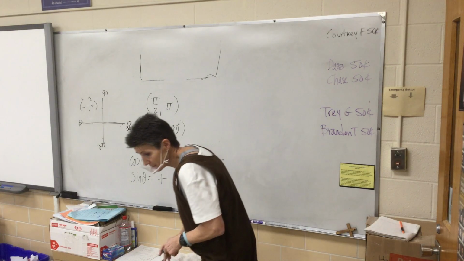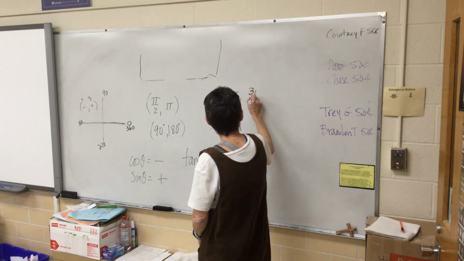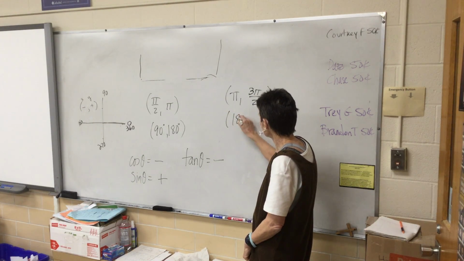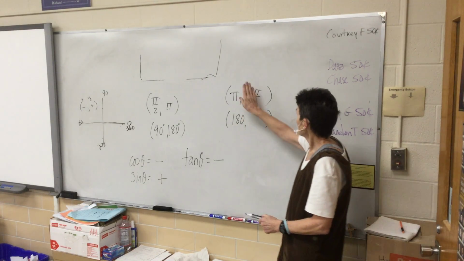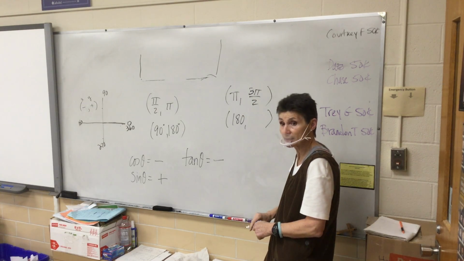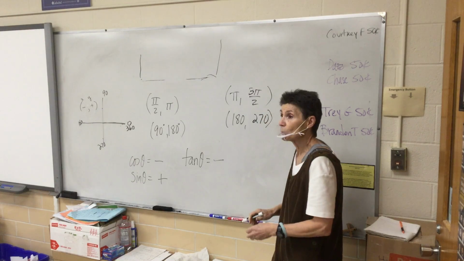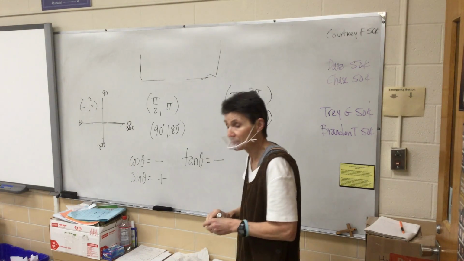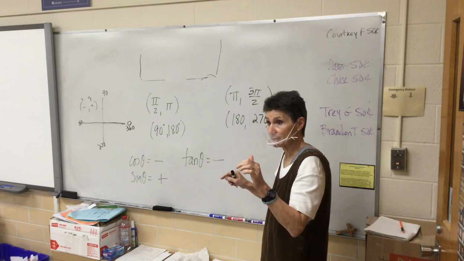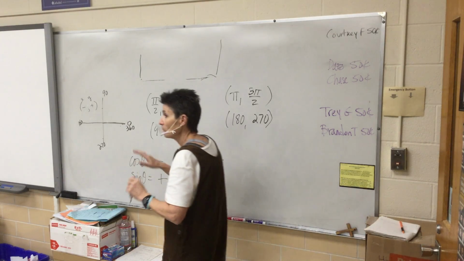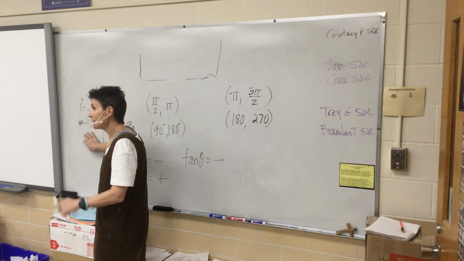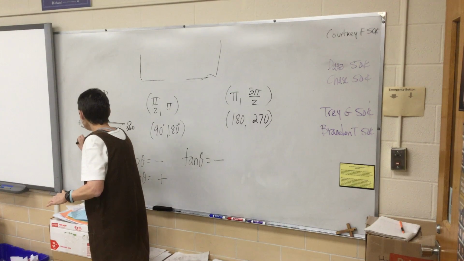All right, let's look at the next one. What interval are we talking about? Pi to 3 pi over 2. Now pi we all know is 180. 180 divided by 2 is 90, times 3 is 270. So in problem B we're talking about the interval from 180 to 270. Where is that? Right here. And we know down here points are negative, negative.